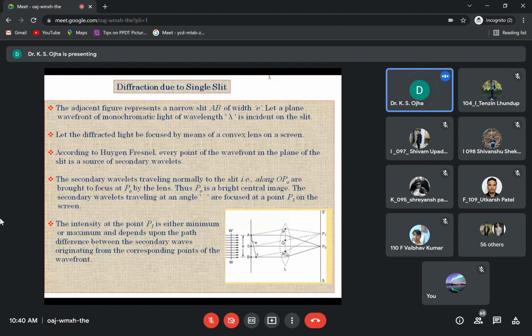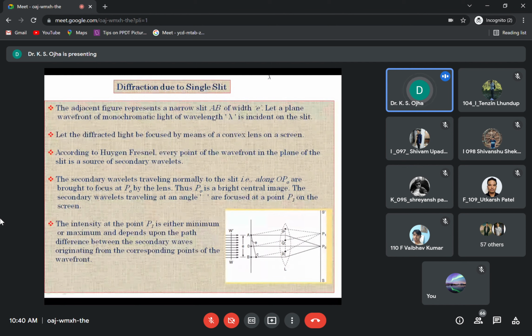Okay. Here we will find the path difference just like we have already found it in Young's double slit experiment and Fresnel biprism experiment. Here I have already mentioned that we have a narrow slit, and the width of the slit should be of the order of wavelength.